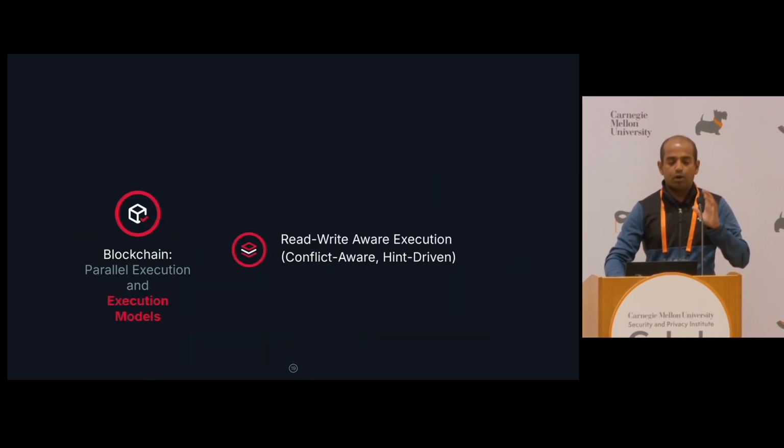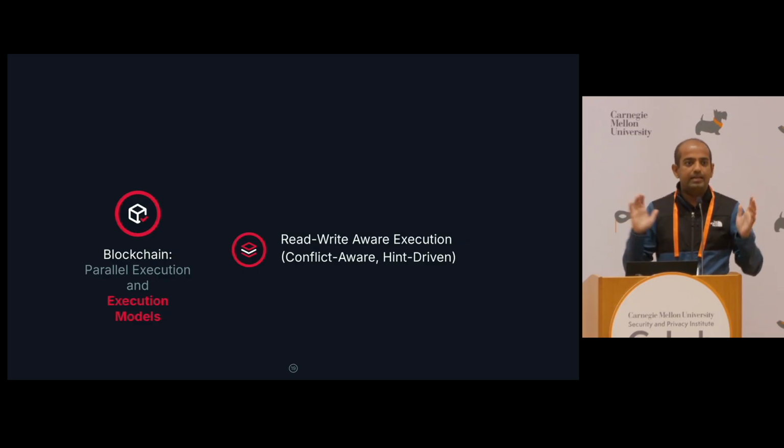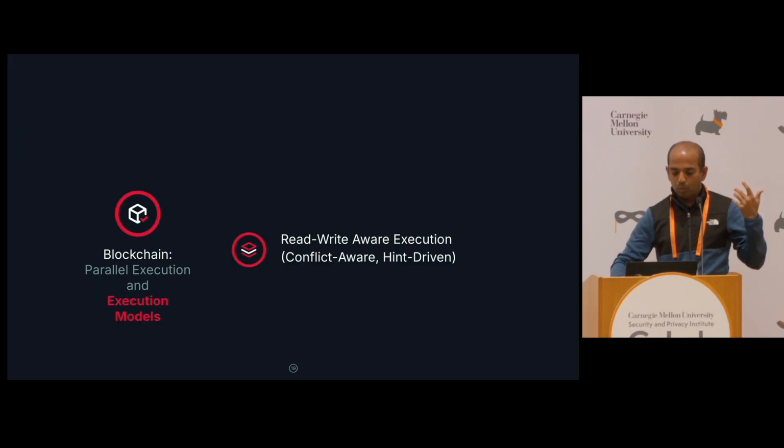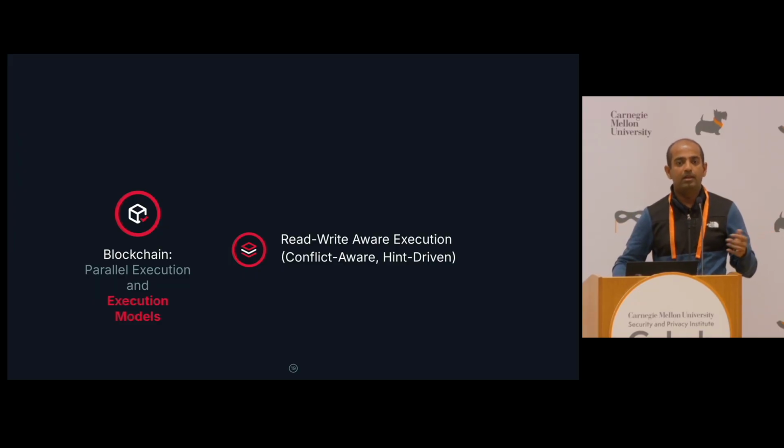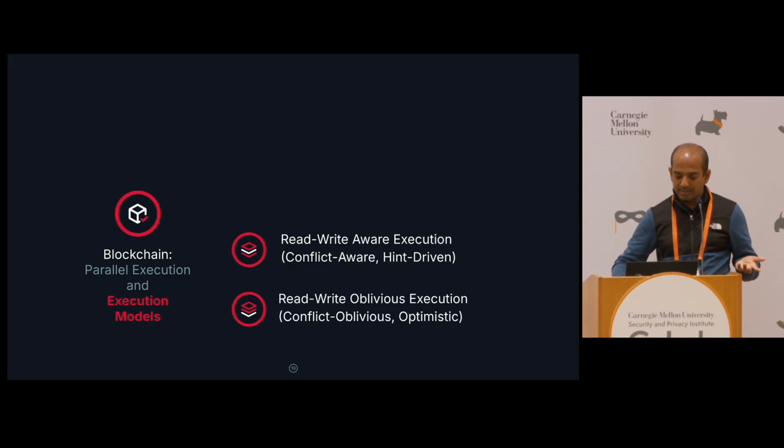So broadly speaking, this is my taxonomization of this world. There are these two ways of thinking about it. One is what I like to call the read-write aware execution, where you have some information a priori about the nature of conflicts. The Solana virtual machine is one such example.